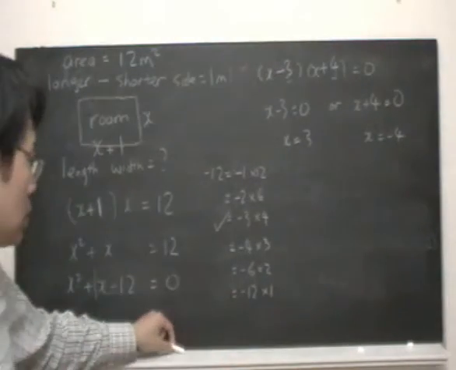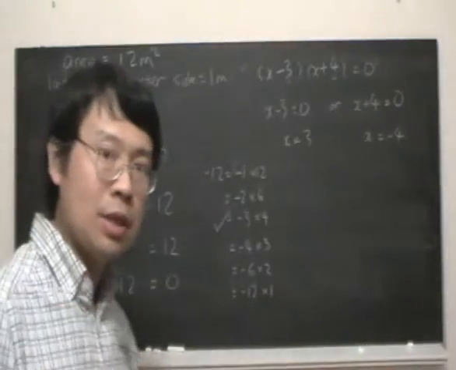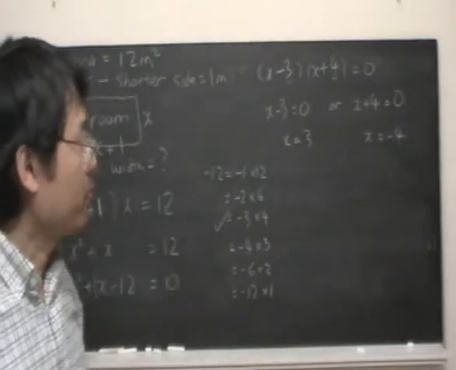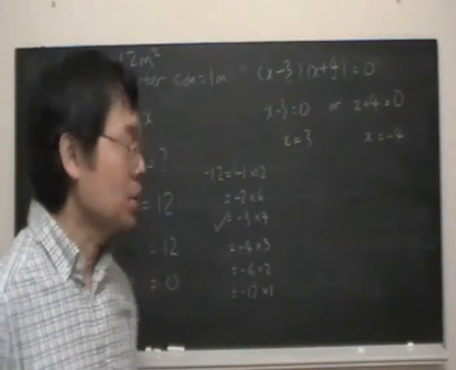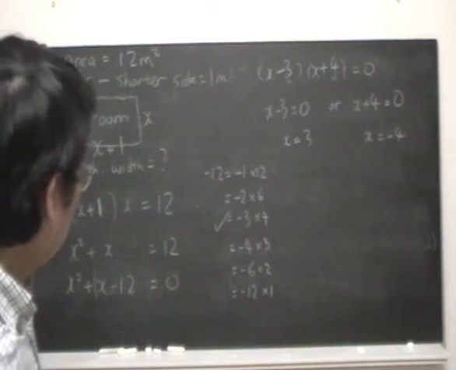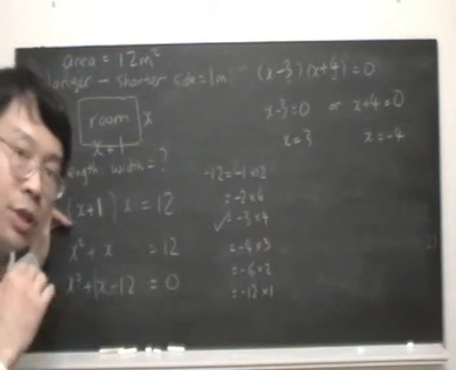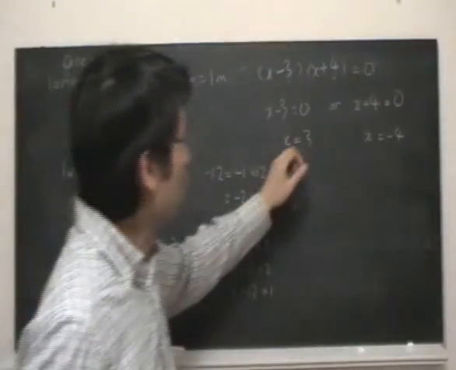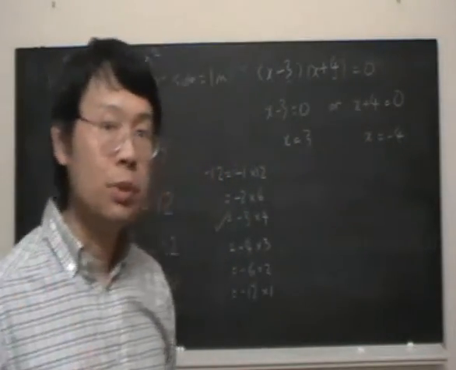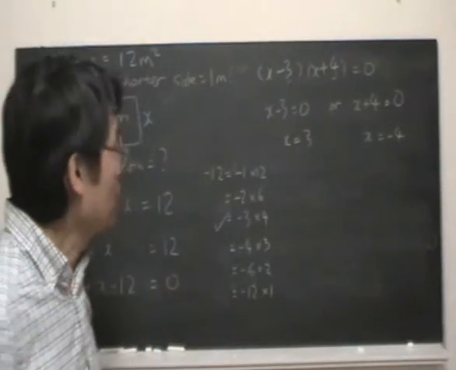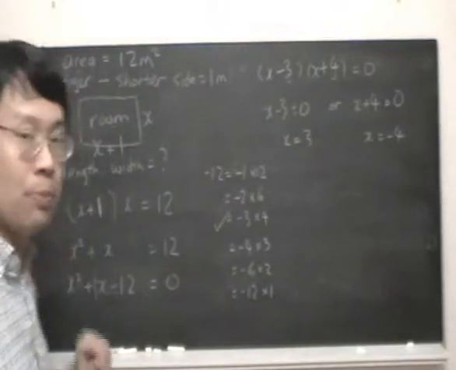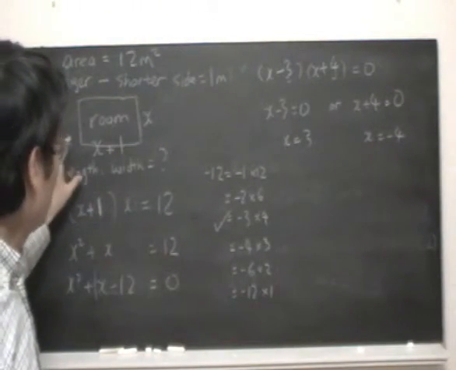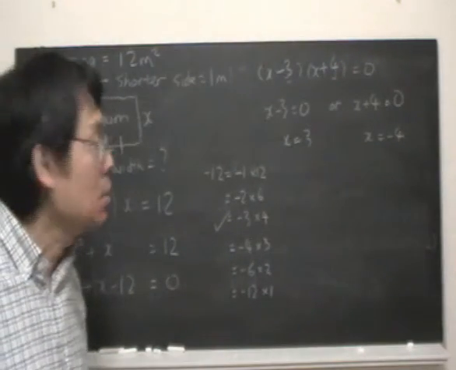Now, one last thing I should say, which is quite important, is that if we are just given this equation to solve, then 3 or minus 4 would be the answer. However, in this case, we are given a problem of a room, and we must find the length and the width.